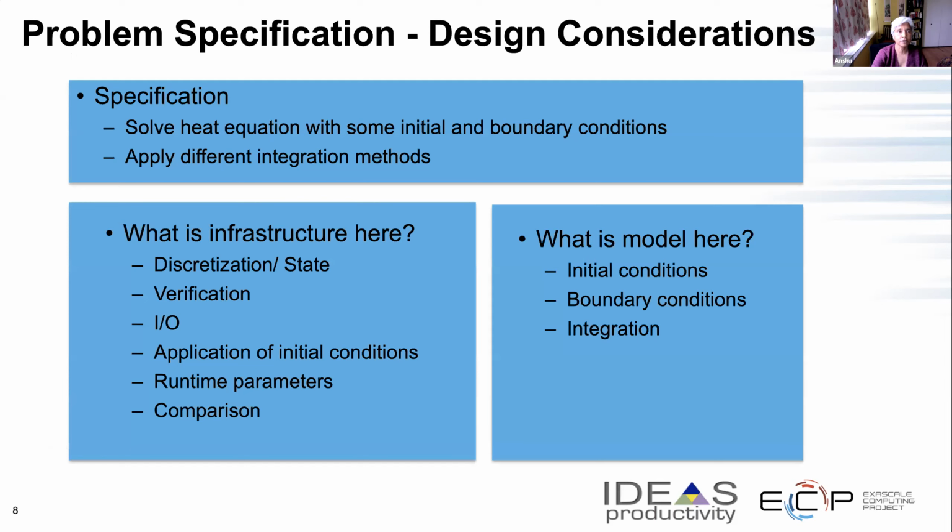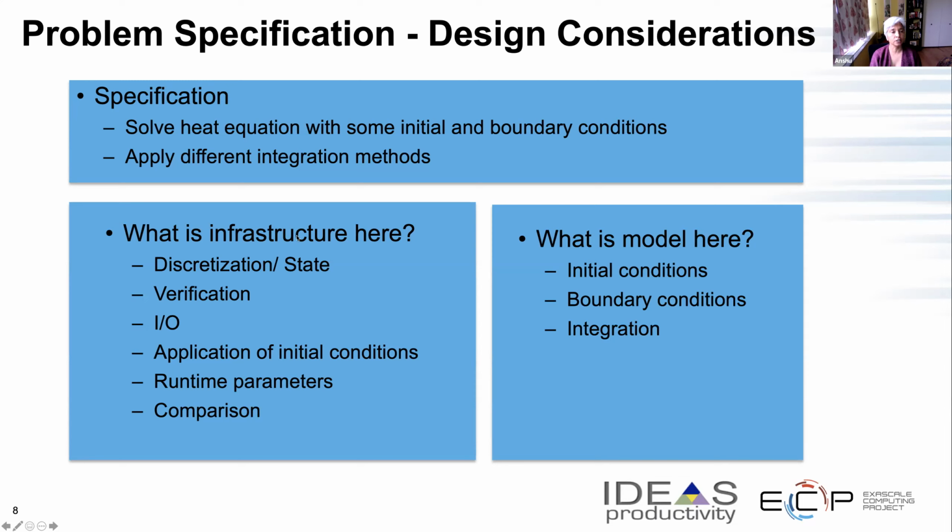So the problem specification and the design considerations that go into designing that software. The specification is that we have to solve the heat equation with some initial and boundary conditions. We want to have the ability to implement different integration methods. And so we want to be able to use different kinds of numerics depending upon the fidelity of answer we want. So the consideration is, what is our infrastructure here?